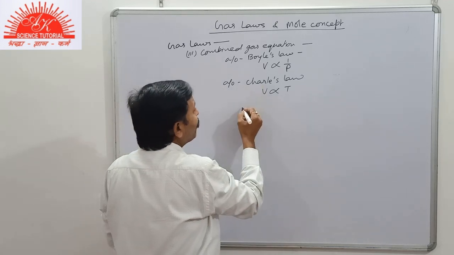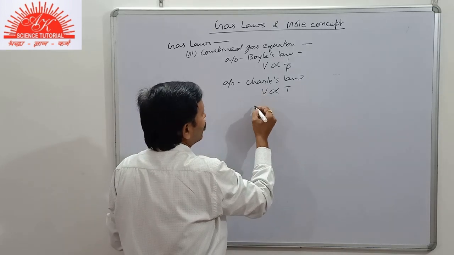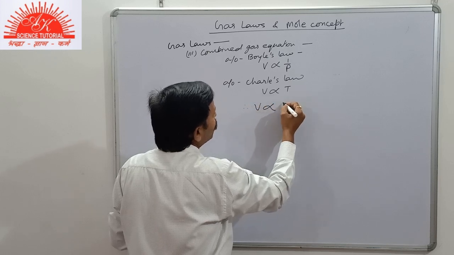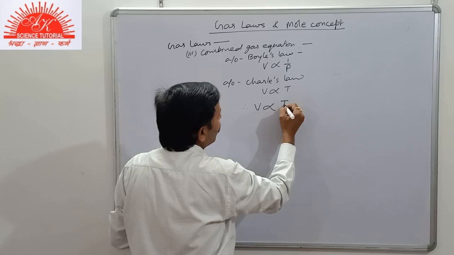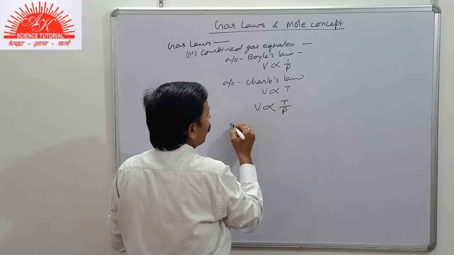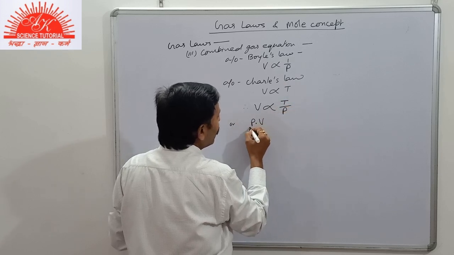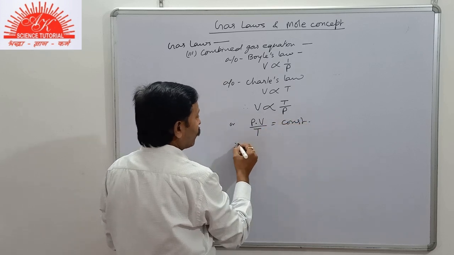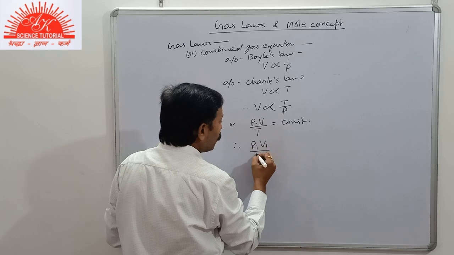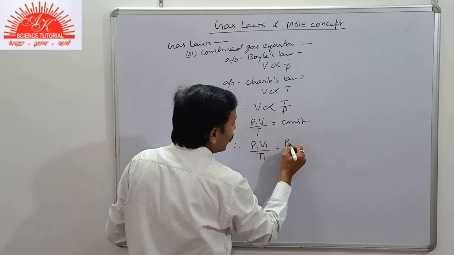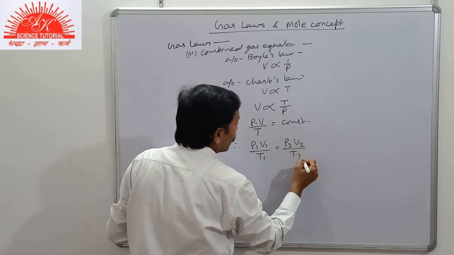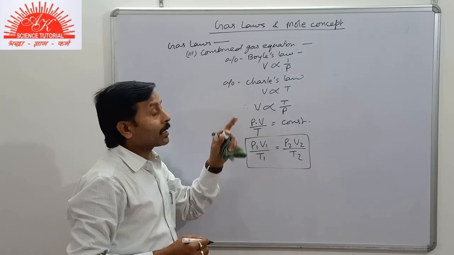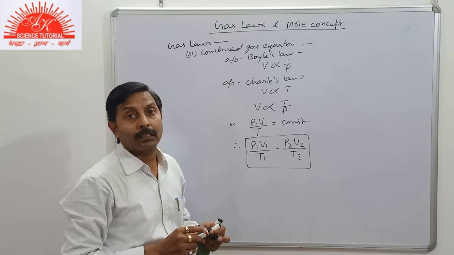If we combine them together, V is proportional to T upon P, or P into V by T equals constant. Therefore, we write P1 V1 by T1 equals P2 V2 by T2. So, these three were the basics studied in class 9th.